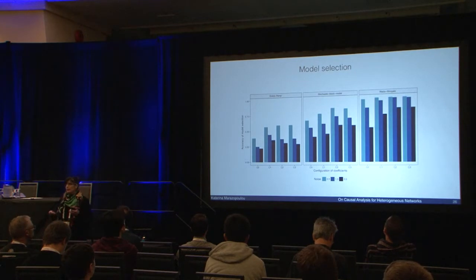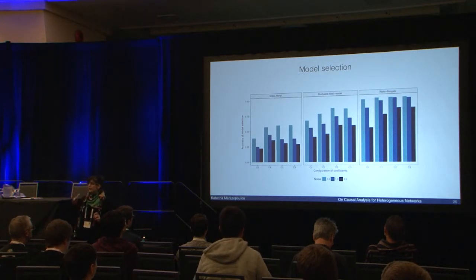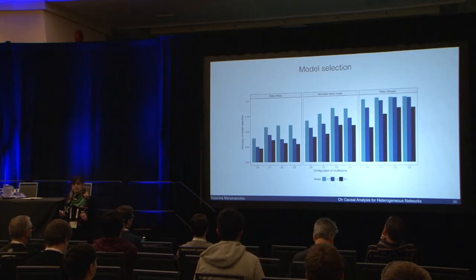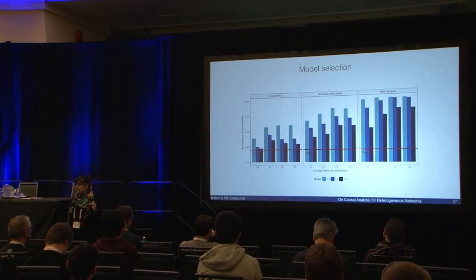So how often BIC would actually give you the true model that generated the data. And the color corresponds to varying noise coefficients. Now, it's worth pointing out that the baseline for random here is at 20%, 1 out of 5. So model selection with BIC always does better than random.